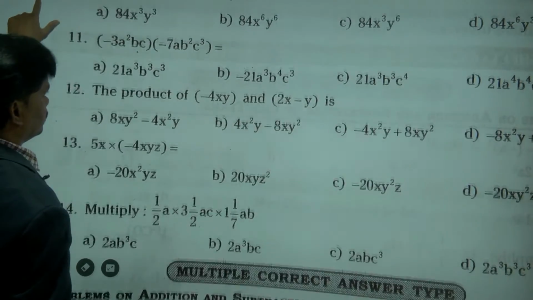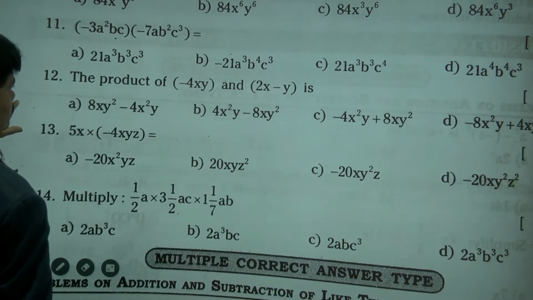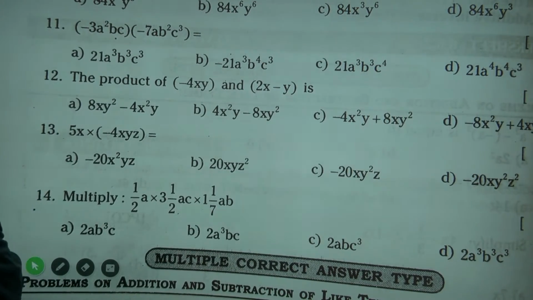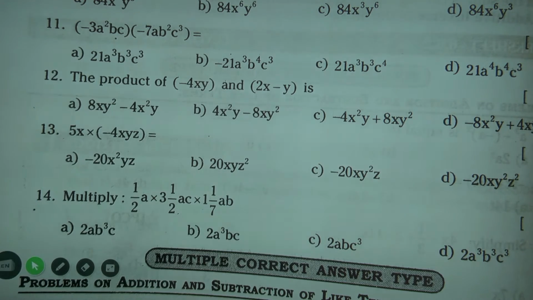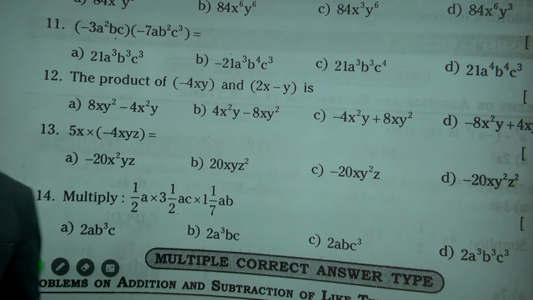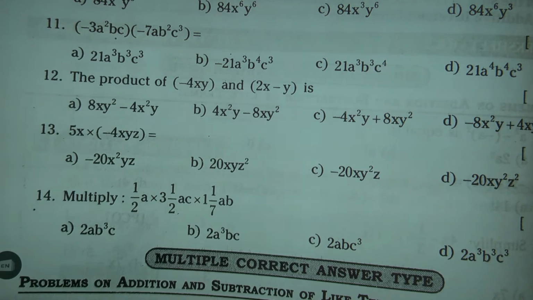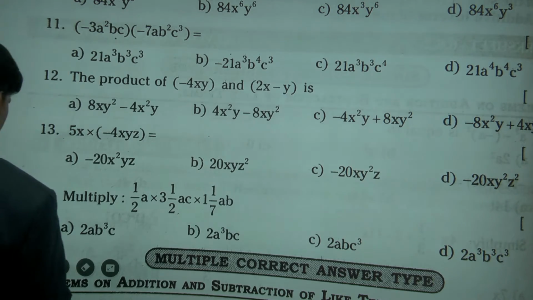Eleventh. So minus 3 a square b times minus 7 a b square c cube. Please check these sums. Have a look. I will explain this. Let's do.